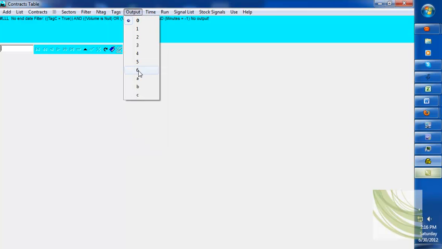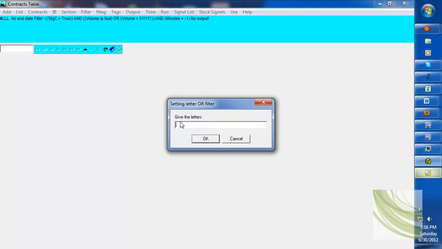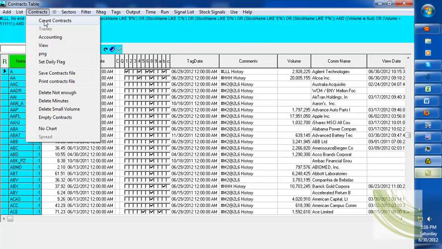I put tags there. Output is C. Okay, there we go. Now, I want it to do letters. I'm going to go only for the letters A, B, C, D, E, F. That should give me almost 1,000 stocks. Let's see what happens.